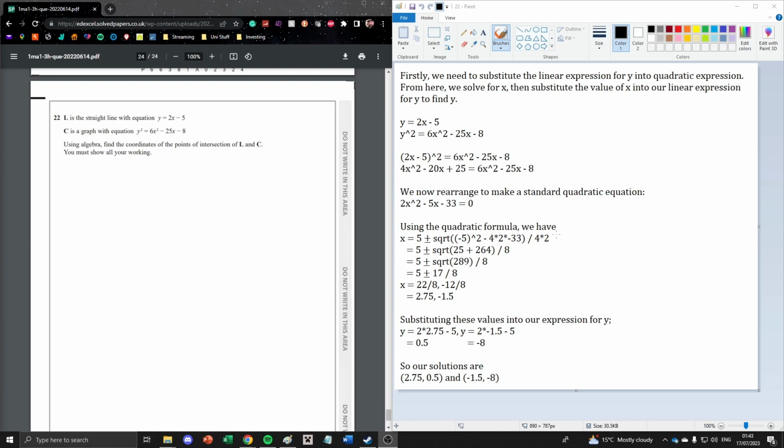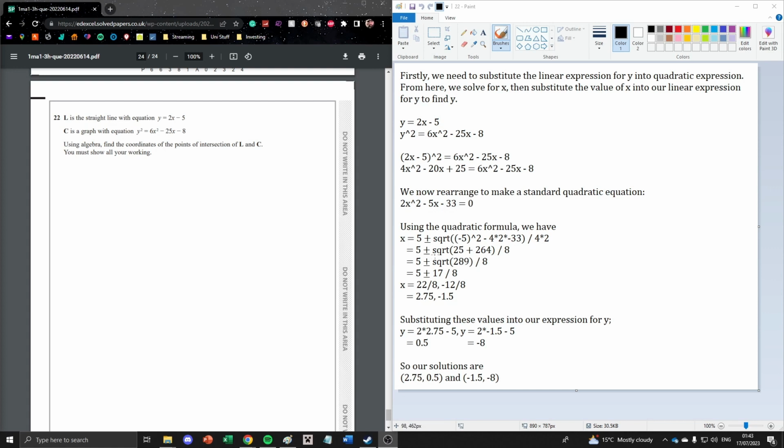If we now use the quadratic formula, of course, minus b plus or minus the square root of b squared minus 4ac all over 2a. We have 5 plus or minus the square root of minus 5 squared minus 4 times 2 times minus 33, all divided by 4 times 2. So we're going to simplify and clean this up.